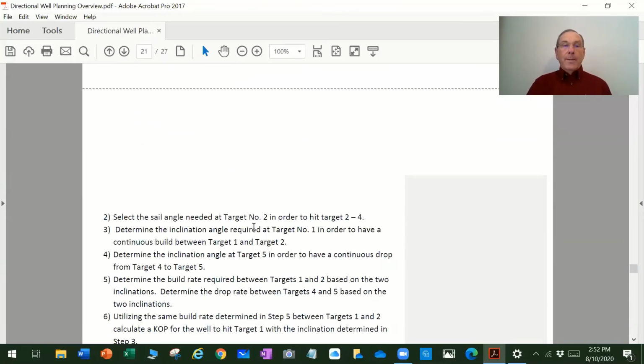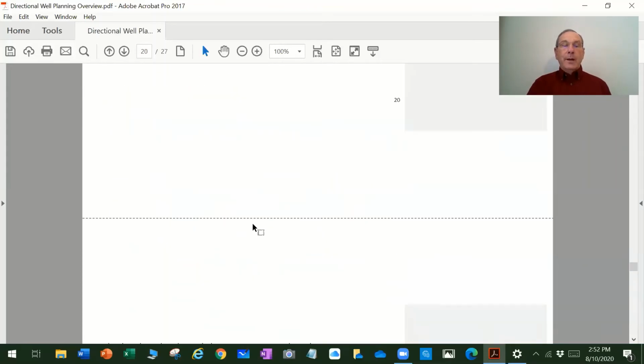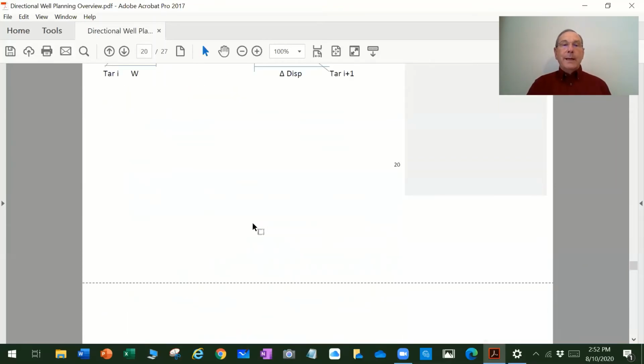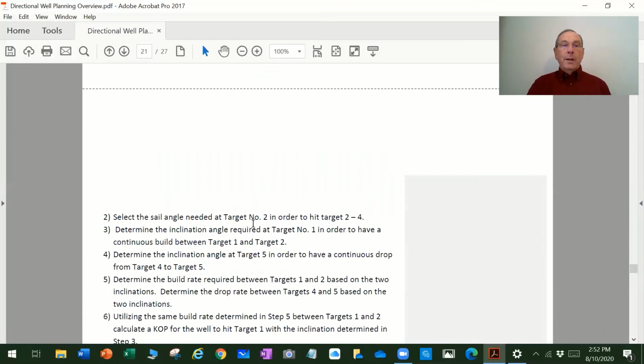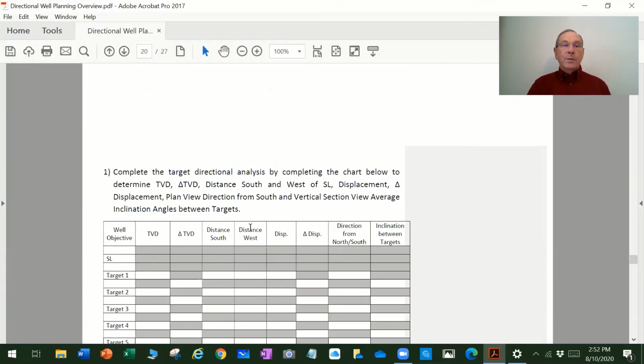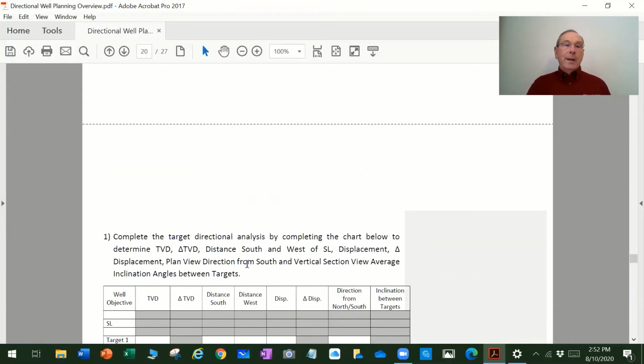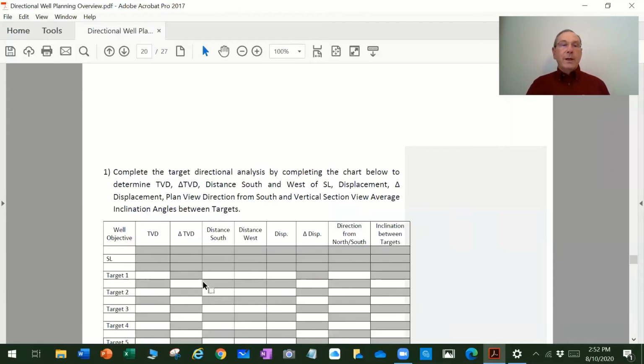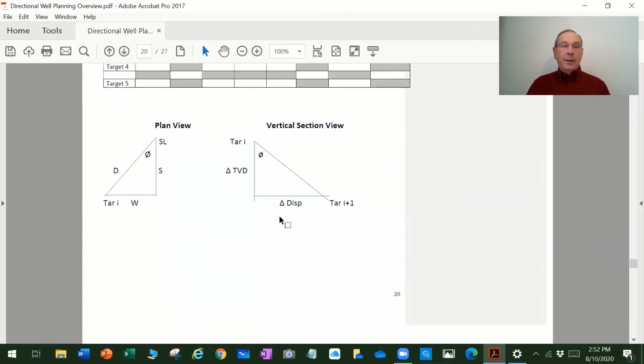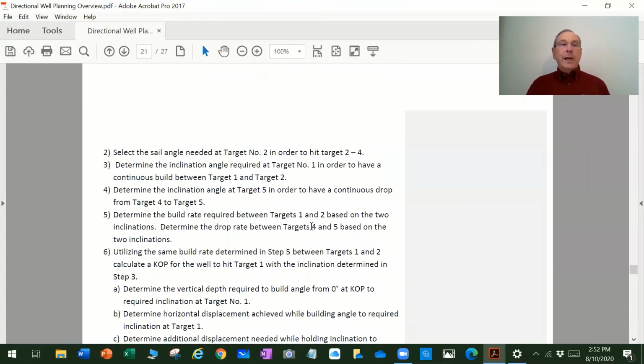So here is, I call it, a step-by-step process which we will follow. Of course, the first step is to complete this chart and compile all the distances and the angle changes on it. The second step is to select a sail angle needed at target number 2 in order to hit targets number 2 through 4.